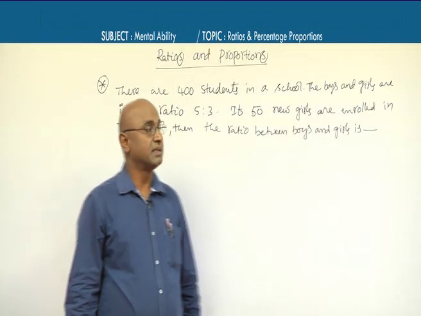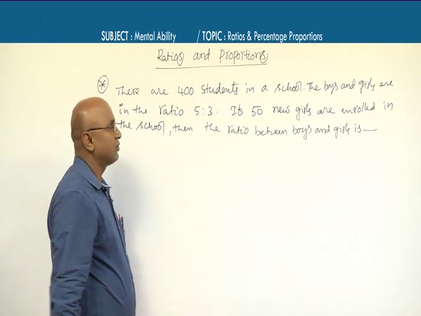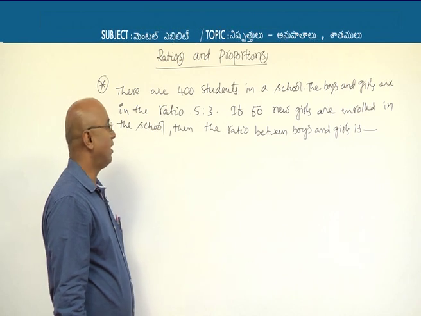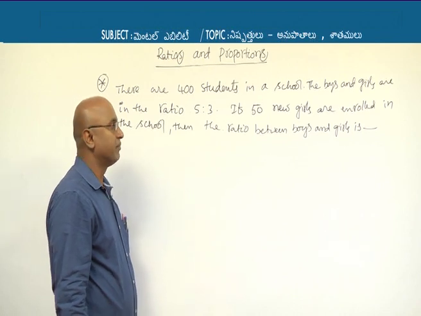Now the next problem is, there are 400 students in a school. The boys and girls are in the ratio 5:3.